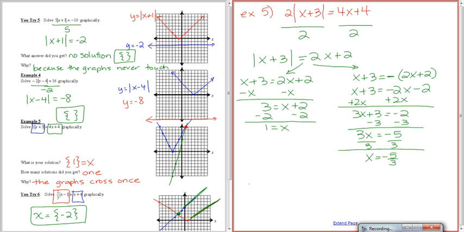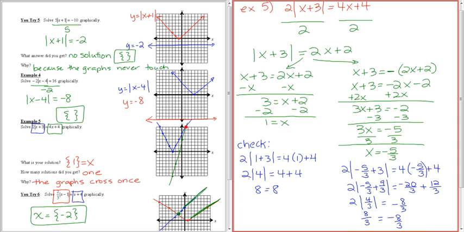I get x by itself in each of these equations and wind up with x equals 1 and x equals -5/3. I still have to go back and check to see if they work in the original equation. When I plug back into the original problem, x equals 1 works out because we wind up with 8 equals 8.